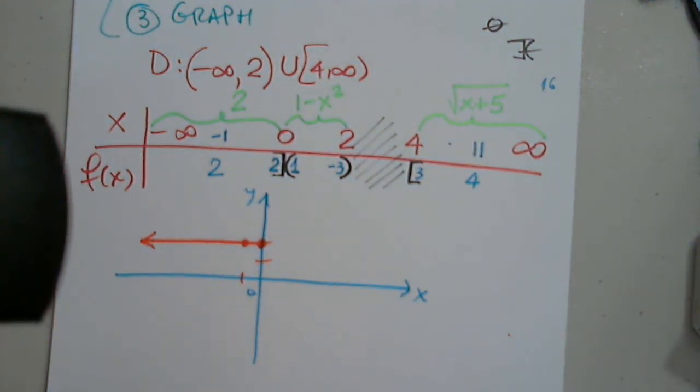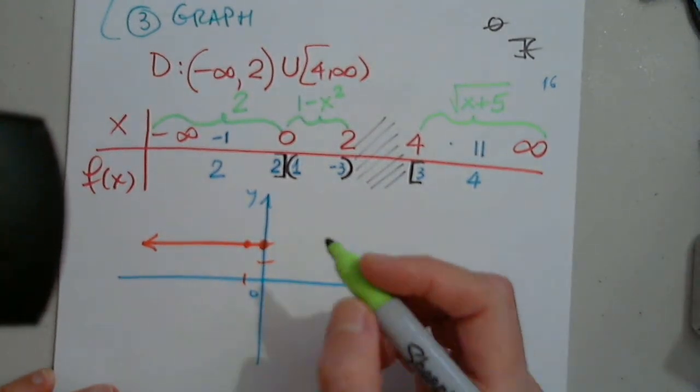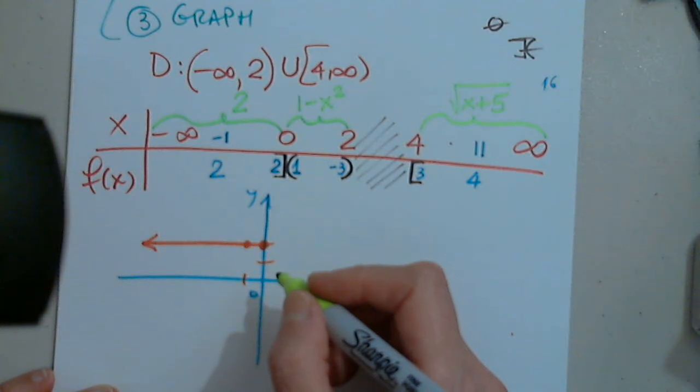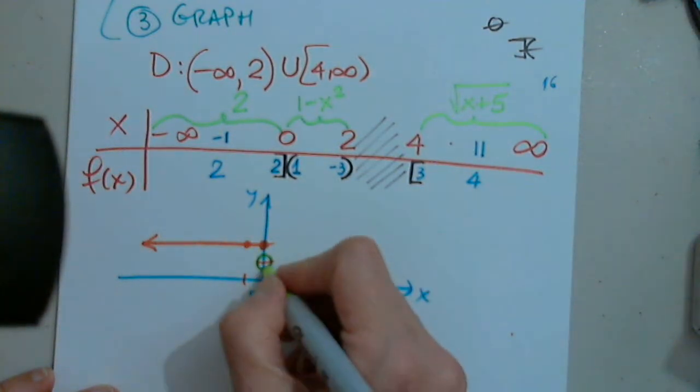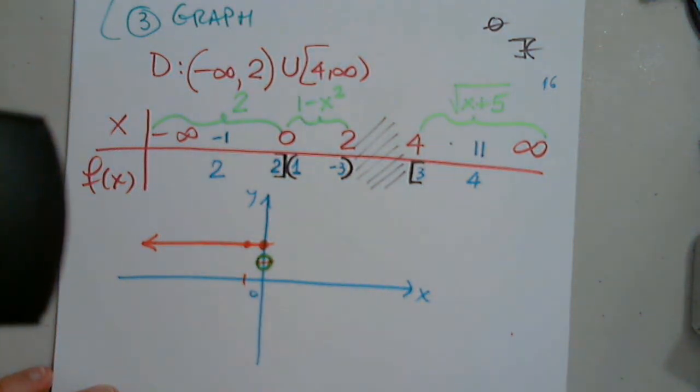Let's say green. Next ordered pair. 0 and 1. Full point or open? Open. Of course, it will not be a function. I'm exaggerating. It will not be a function if I were to make this full.